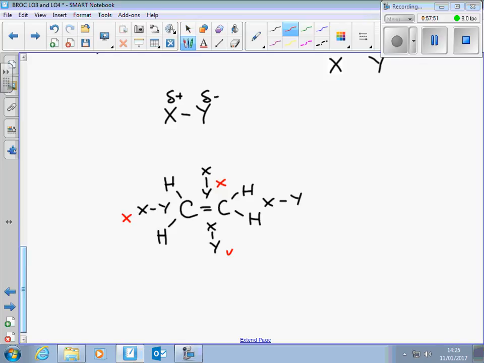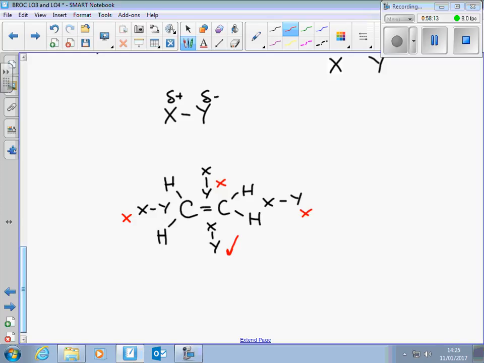So no reaction with those approaches, but you do with this one. As long as the slight positive charge approaches this cloud of electron presence that's forming the pi system, then we're going to get the reaction.